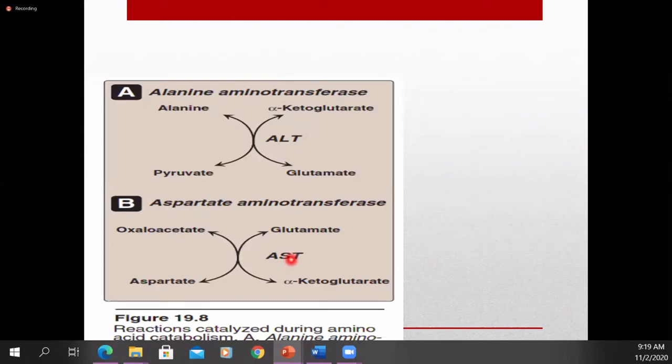That's why we are interested in them as markers, and the most abundant one in fact, and the most specific one for the liver function, is the ALT. It is more specific than the AST, but usually we request both of them as liver function test enzymes. So we request them in the tests, ALT and AST, and we will talk about them in a moment. Okay?